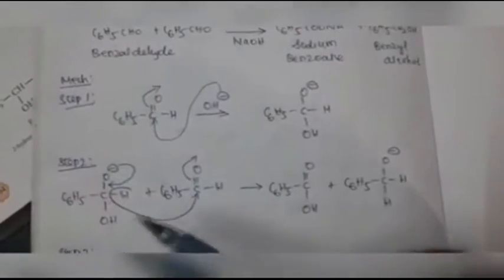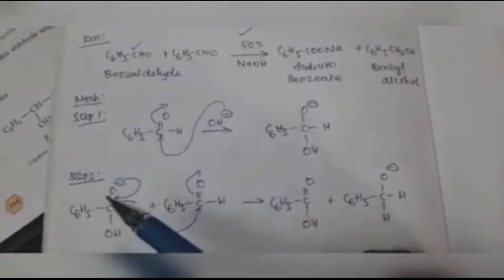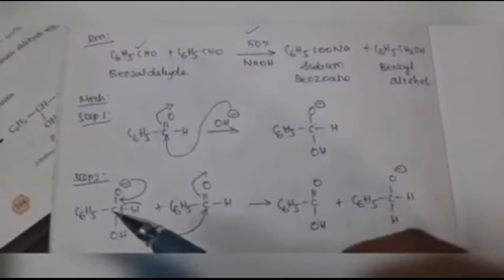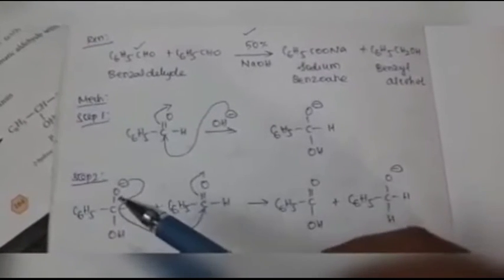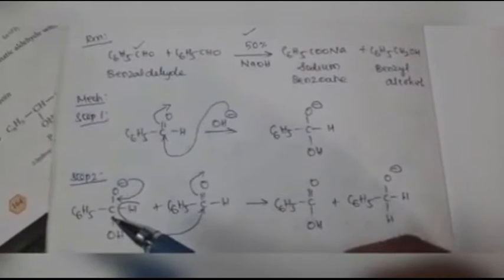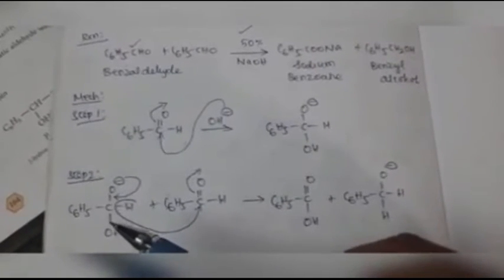Take this molecule for the second step. That is reacted with the remaining molecule, another benzaldehyde. Again this O minus moves here and forms a double bond. If this double bond is formed, this carbon, which already has 4 bonds, 1, 2, 3, 4, would get a fifth bond, which is unstable.